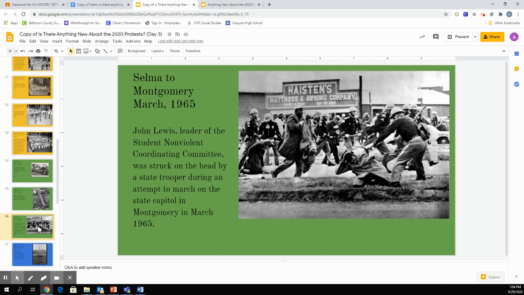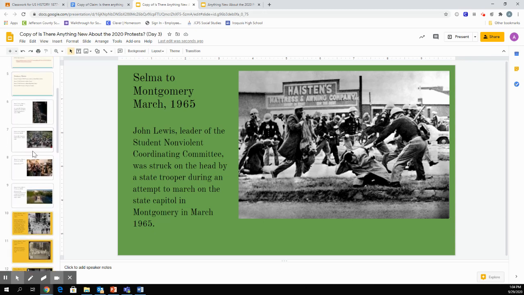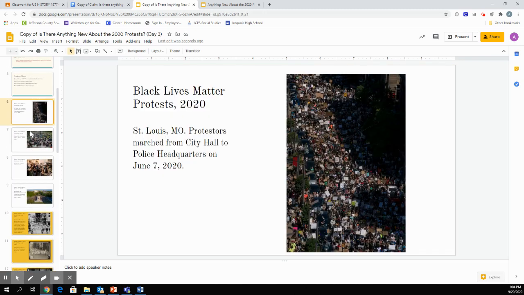Or was it because the rest of it was peaceful? Does that make it peaceful? Just like the current protests. Yeah, violence has happened. But I would say that for every one day of violence that happens in these protests, there's probably 20 or 30 days of nonviolence.